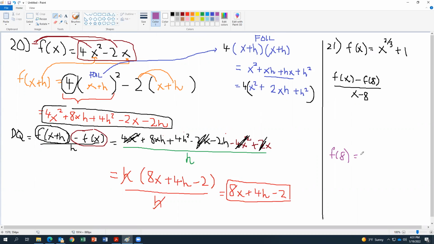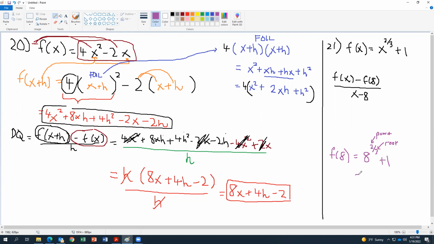What f of 8 is: you replace your x with 8. So it's 8^(2/3) plus 1. Now, if you have this kind of fraction as your exponent, the one in the denominator is a root, and the one in the numerator is your power.